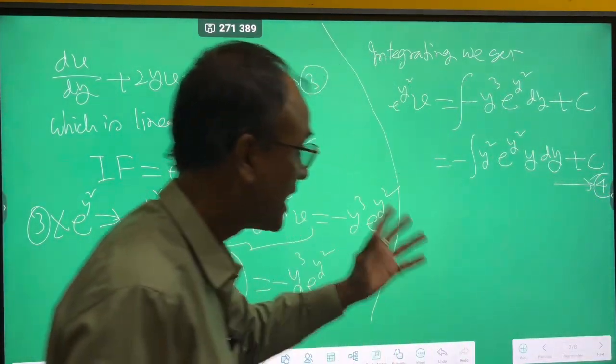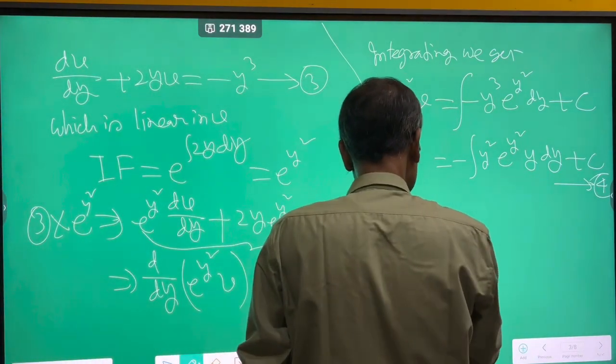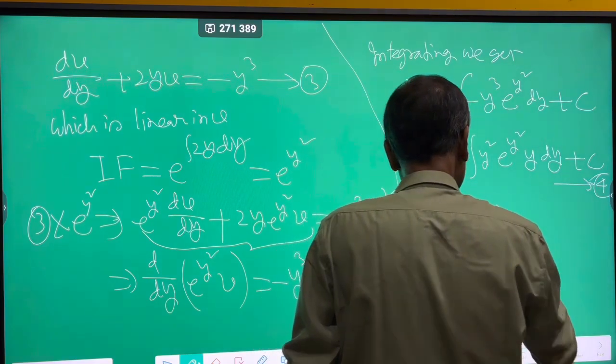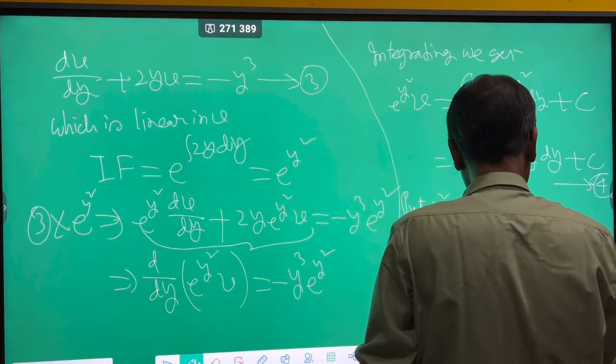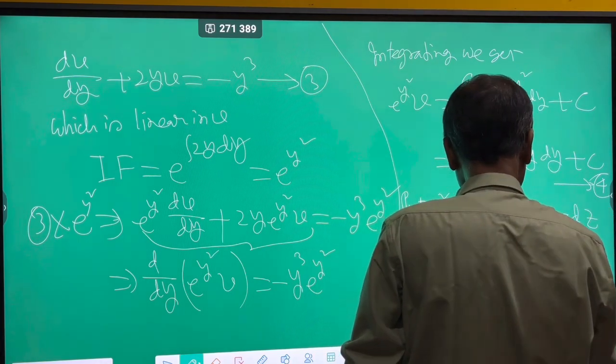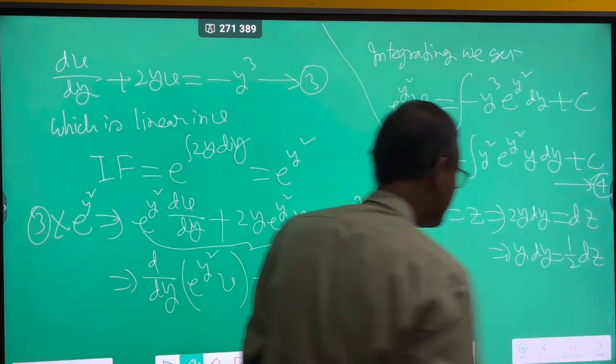Number 4. Now put y square is equal to z. This means twice y dy equal to dz. This means y dy equal to 1 by 2 dz.